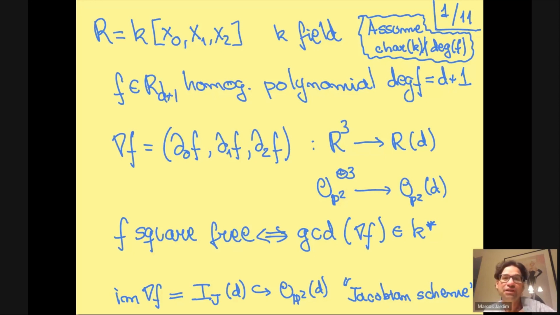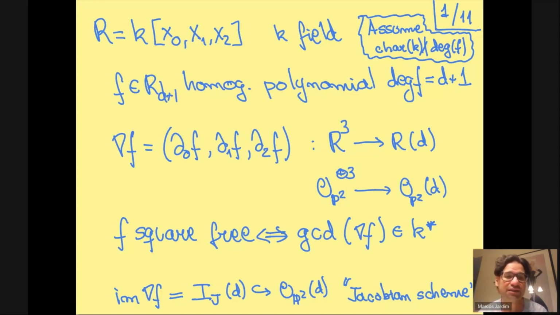So F, I'm choosing to be a homogeneous polynomial of degree d plus 1. And then we can consider the gradient of this polynomial as a morphism, either as a graded map of R modules from 3 copies of R to R shifted by d, or as a sheaf map, from the structure sheaf of P2 to the twisted sheaf on P2.